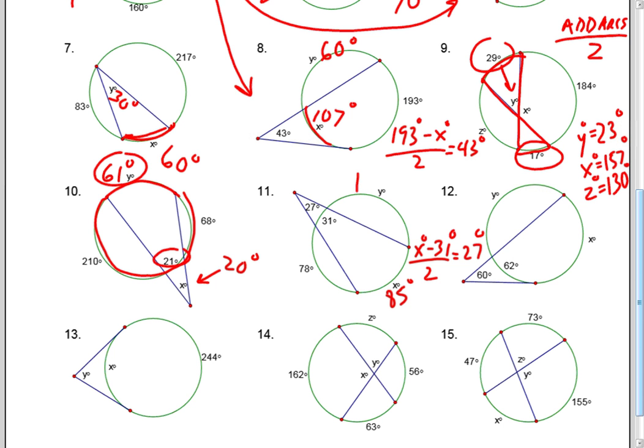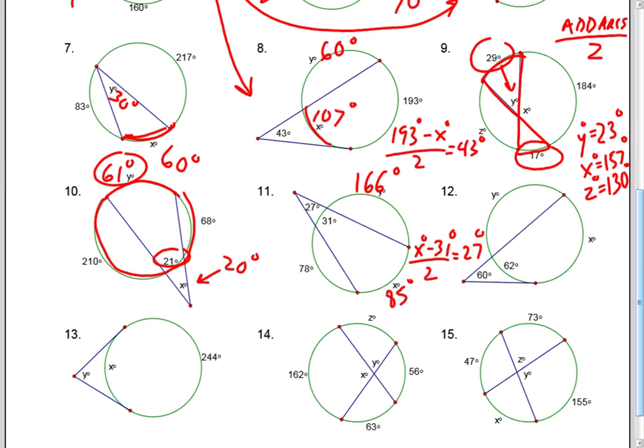What was that, Taylor? 166, does that look right? If you add up 166, 31, 78, and 85, 251, 282, that should be 360.